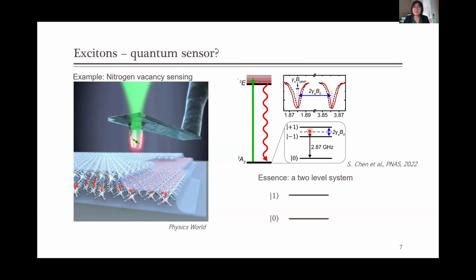But exciton, on the other hand, is very similar in a way that it also has multiple energy levels. These are flat bands, and we have ways to control it. So then we went on the journey of thinking, well, whether we can also make excitons into a local sensor.